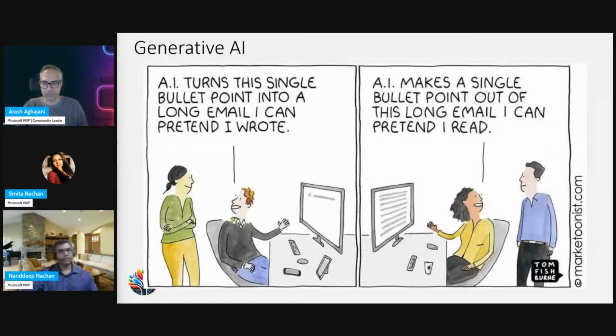He or she makes use of AI to turn that entire long email into a single bullet point. So the information started from a single point, and again ended in a single bullet point. This is not exactly how we should use generative AI, but I just wanted to share this with you so that you can find some better use cases of generative AI and not something like this.